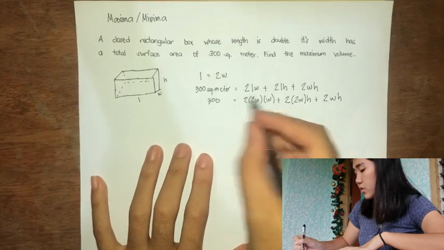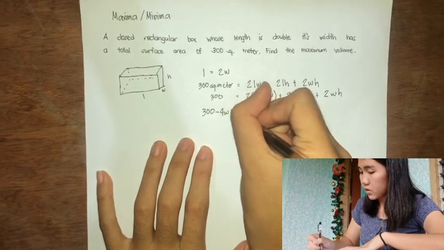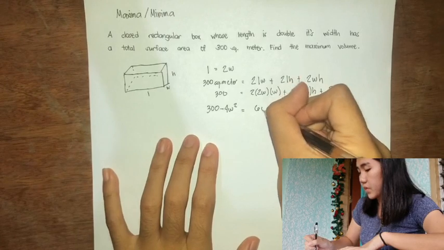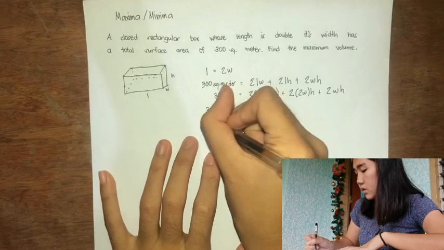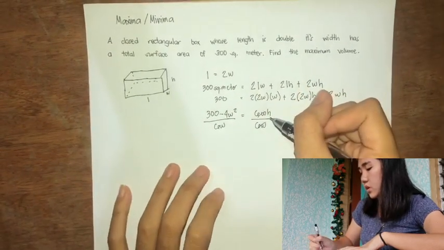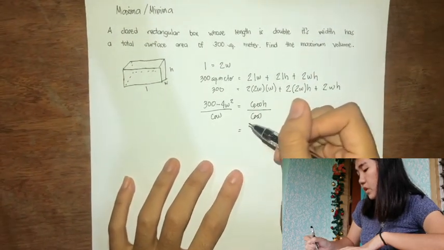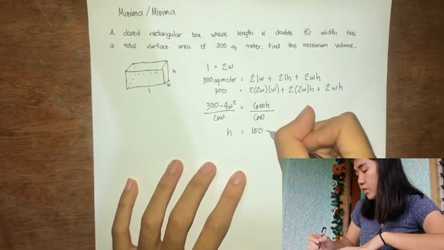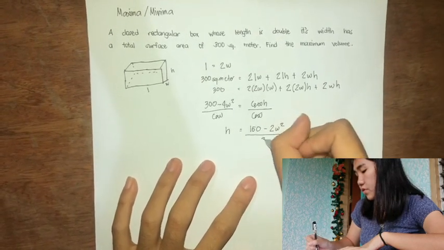We can transpose the product of 2 times 2W times W. This is 300 minus 4W squared equals 6WH, the sum of 2 times 2WH plus 2WH. Divide both sides by 6W. Cancel the 6W. So H is equal to (150 minus 2W squared) over 3W.